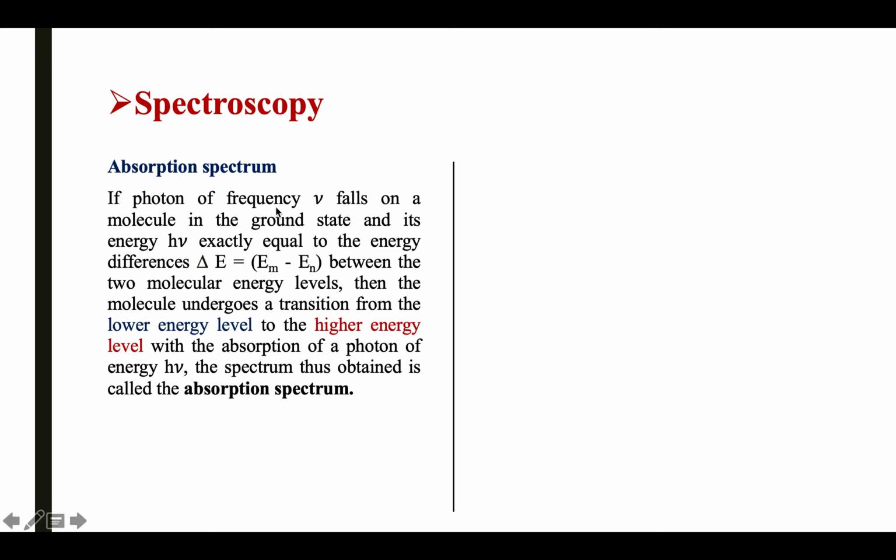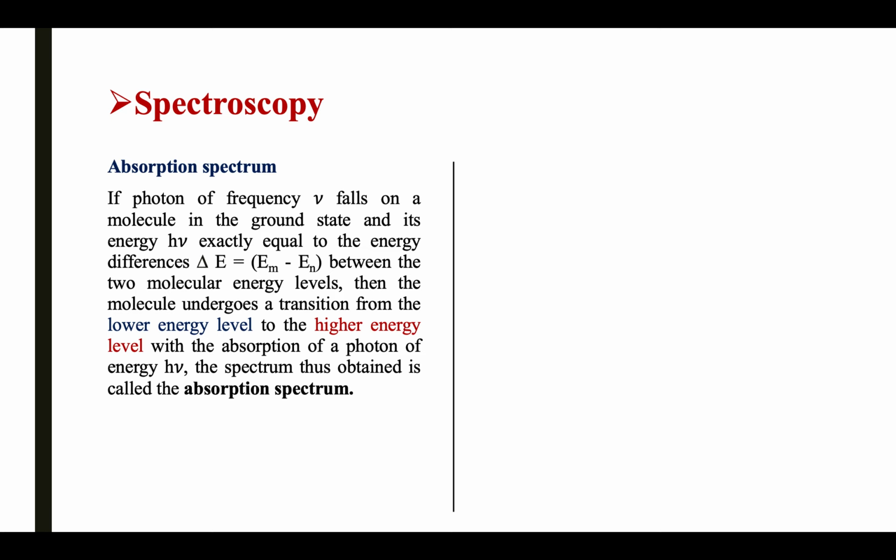If a photon of frequency nu falls on molecules in the ground state and its energy h nu is exactly equal to the energy difference, that is delta E equals Em minus En, between the two molecular energy levels, then the molecule undergoes a transition from the lower energy level to the higher energy level. So it goes from lower to higher, with delta E.